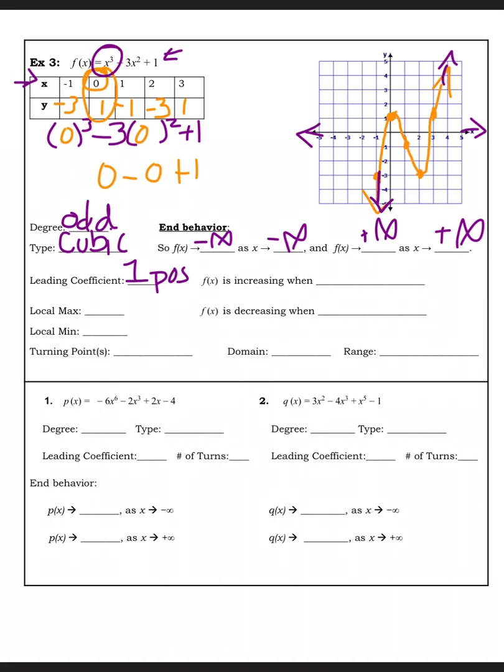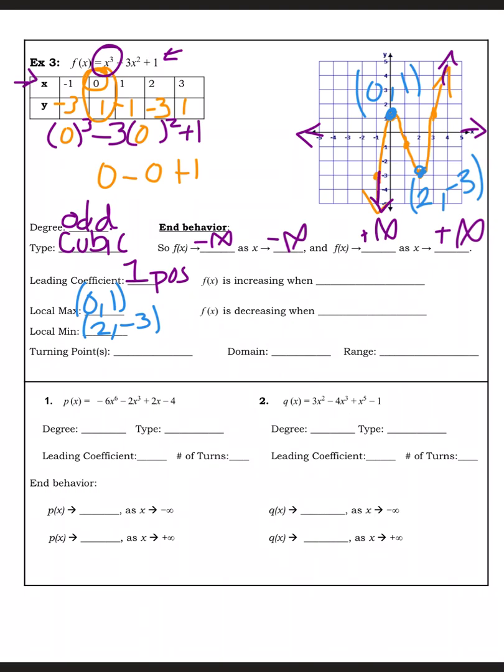Alright, so let's talk about our local max and min. We know we have a high point up here of 0, 1, that's a maximum, and our low point down there of 2, negative 3. So let's put those where they go. So we have 0, 1 for our max, and 2, negative 3 for our local min.